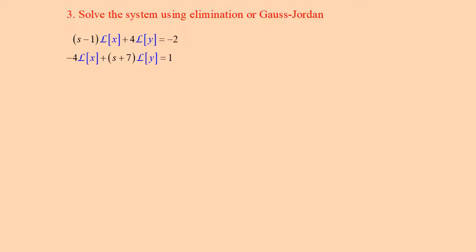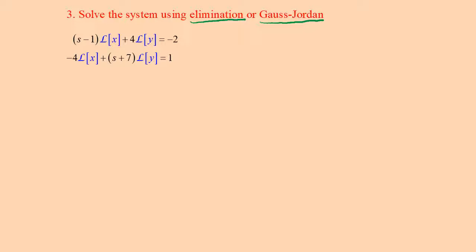Now you can see I've highlighted the variables in blue. Our two variables are Laplace x and Laplace y. Now if we were to solve this by hand, say using the elimination method, it would be quite cumbersome to do. In fact, if we were to solve it by hand, even with the Gauss-Jordan method, that'd probably be even worse than the elimination method.